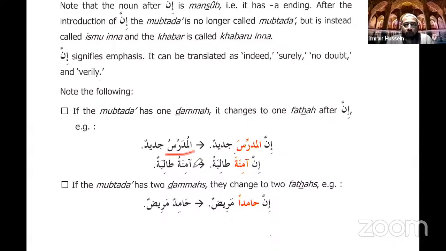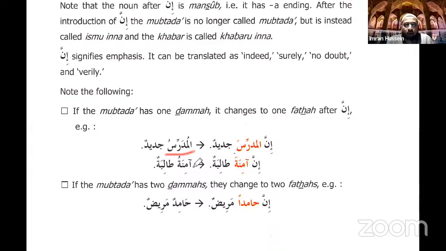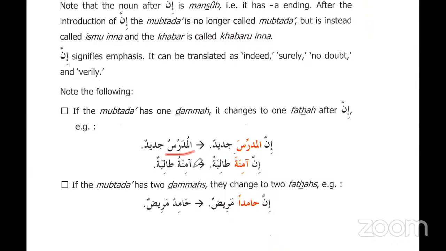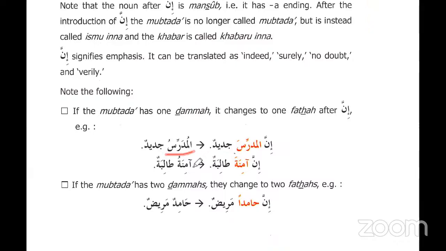If it didn't have that, then it could have a double dhamma. Whatever the rulings of the mubtada, what can come as mubtada and what cannot come as mubtada, they still apply to a sentence when inna is inserted. So the rulings of mubtada khabar remain the same. The only thing is that the harakat can change, but the rulings of mubtada khabar remain intact. Does that make sense? Yes. That's important to remember.